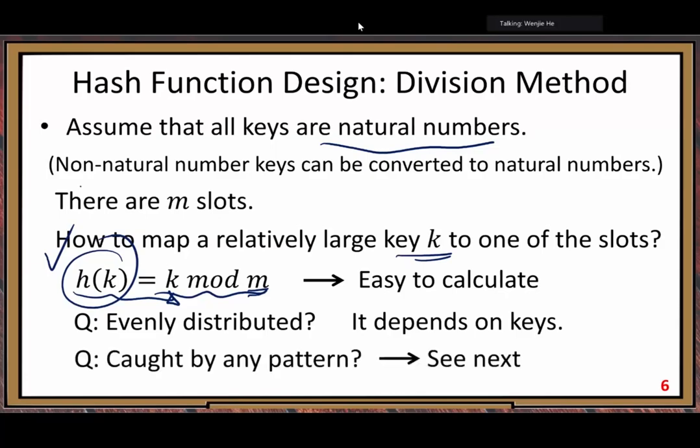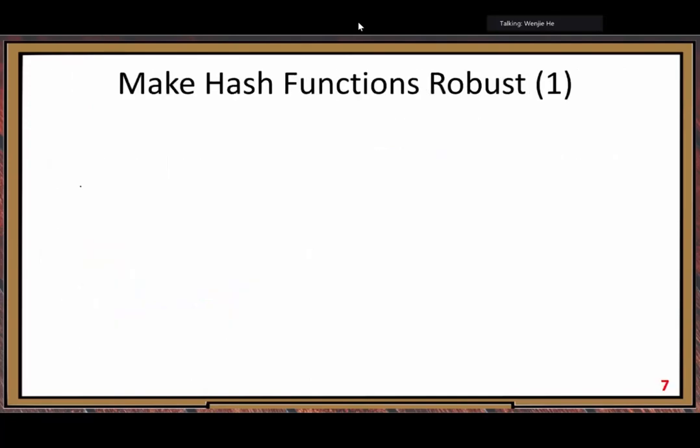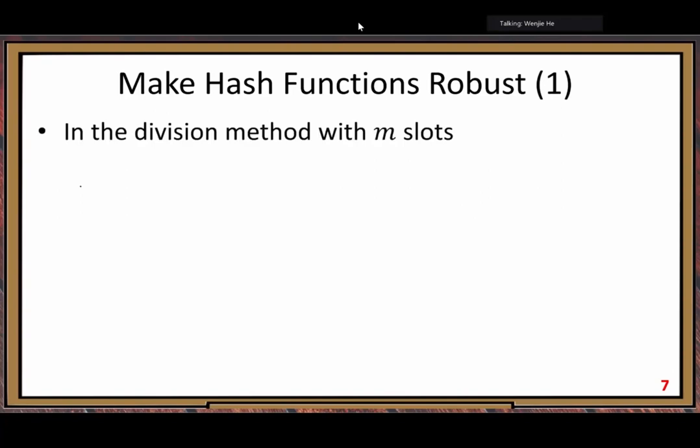Here I have a simple example. I hope I can finish this example before the end of this class. Short example, m equals 15. A small number, I just show you the idea. 15 equals 3 times 5.